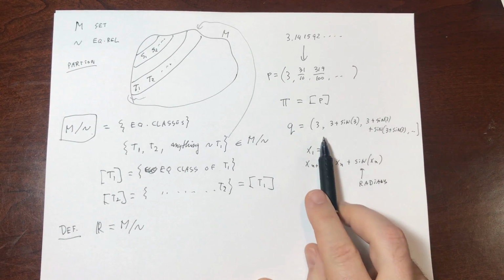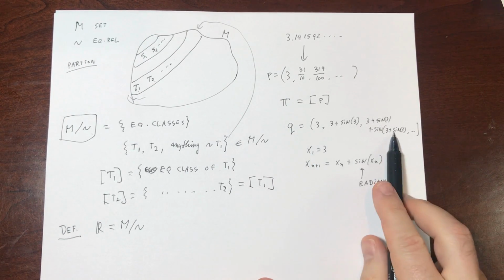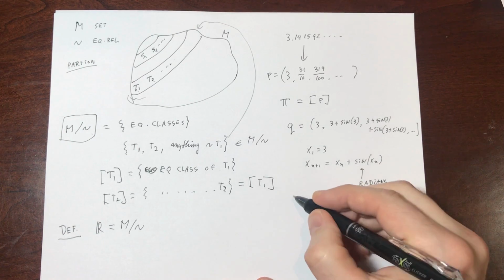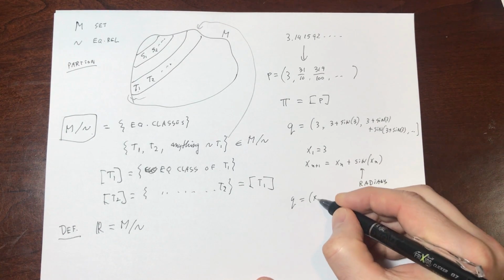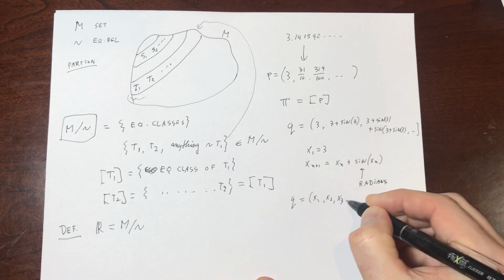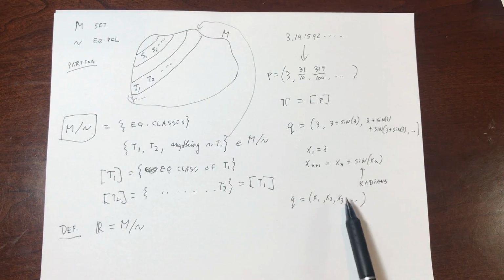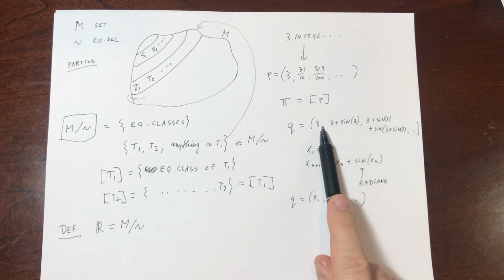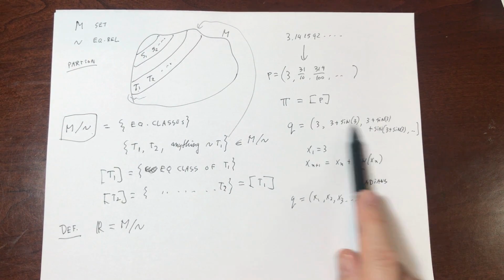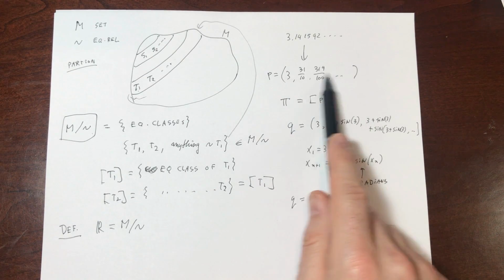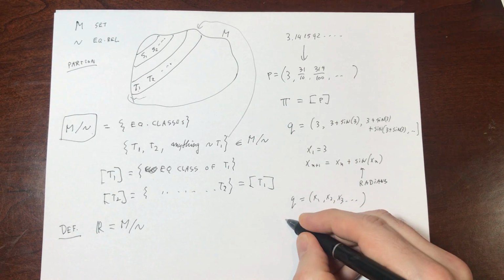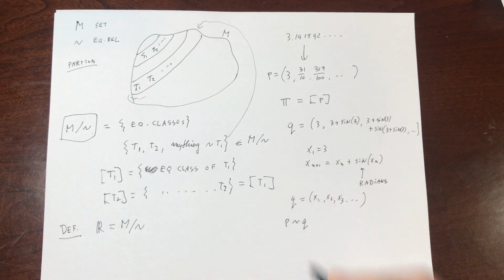So now try to compute some terms in this sequence x1, x2, x3, and what you find is that the numbers in this sequence get arbitrarily close to the numbers in the other sequence. So therefore P is equivalent to Q.